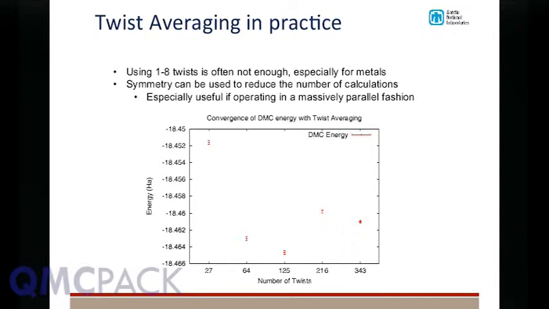So I'm showing an example here, although I guess it's a little bit faint, of the convergence for BCC beryllium with the number of twists that I'm doing. And you can see you've got a fairly large error here. This is in Hartree, going from sort of 3 cubed to 4 cubed. Now often symmetry can be used, especially in these periodic solids that I've done a lot of calculations of, to reduce the number of calculations, which is handy.